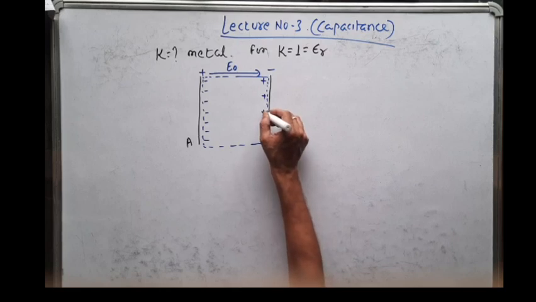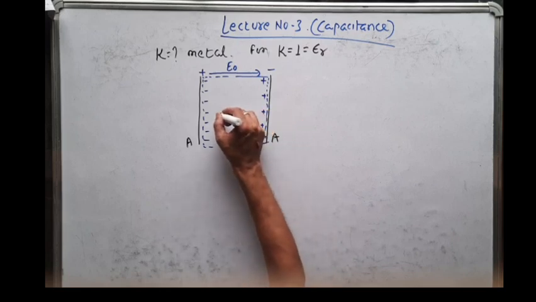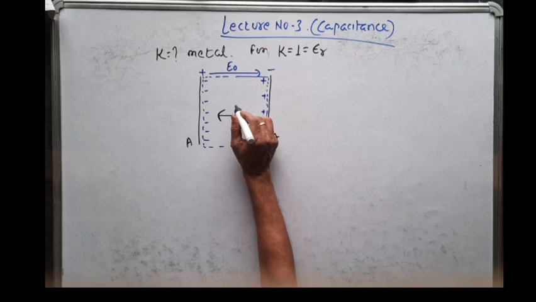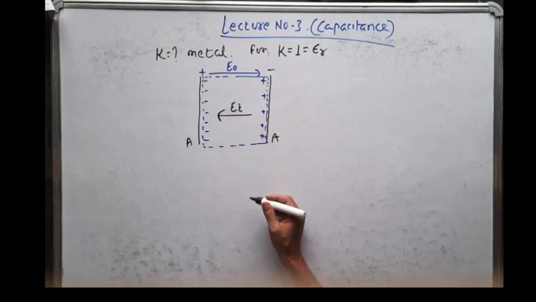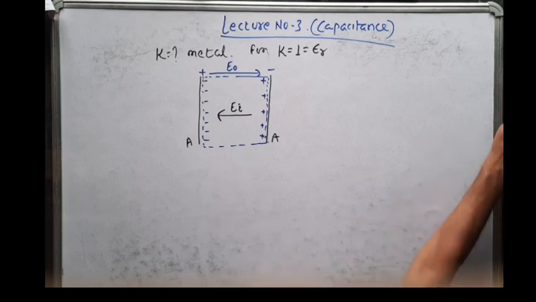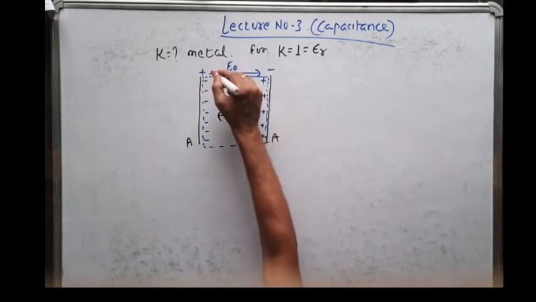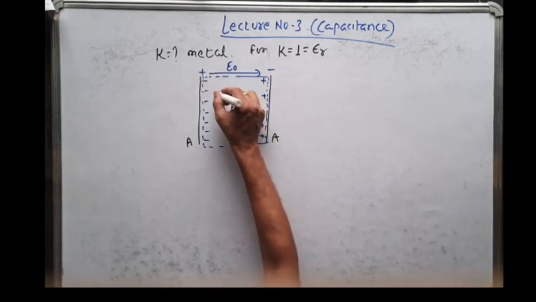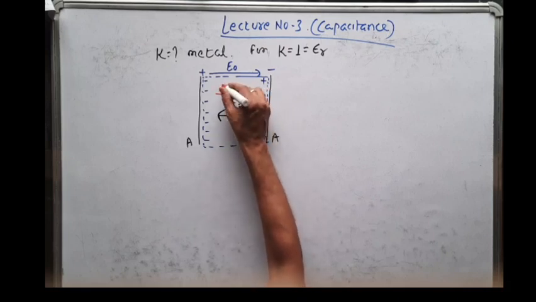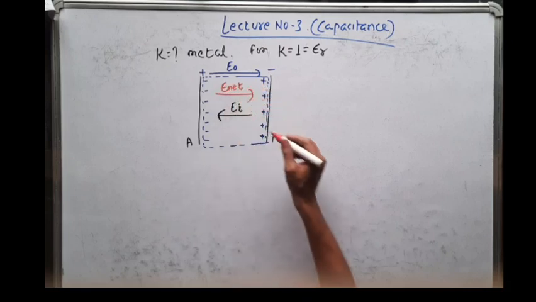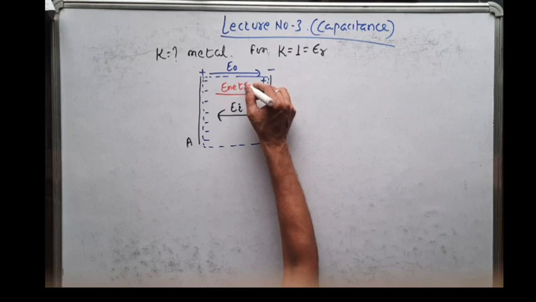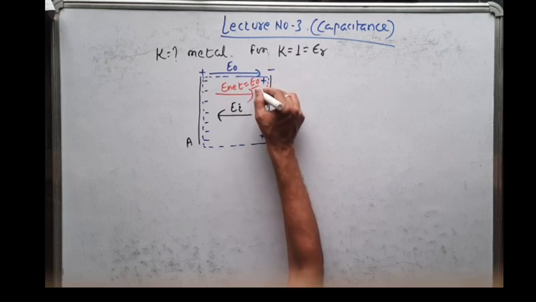Now, due to this positive and negative charge, an electric field will be developed, called EI, the induced electric field. Then what is the net electric field? This is E naught, this is EI, so the net electric field intensity is nothing but E naught by K.